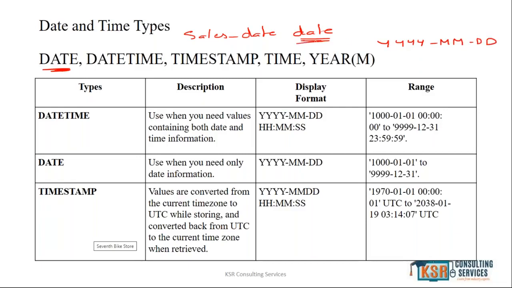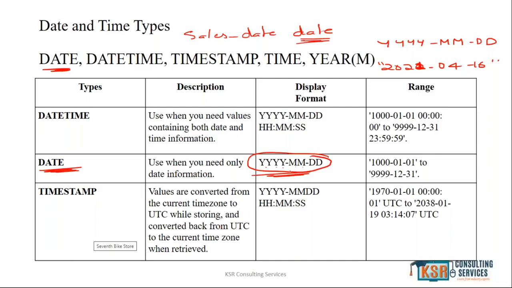The moment you write this, the default format will be this. So suppose you're ordering something, the date will be like this. If you give date, you will be storing it in this format.